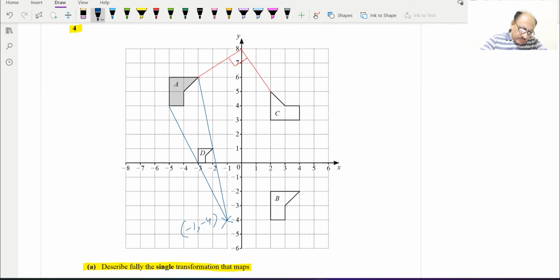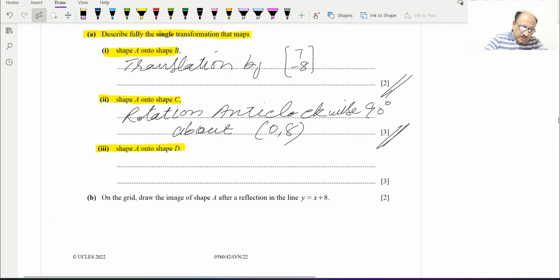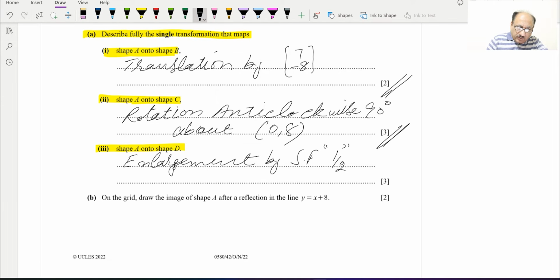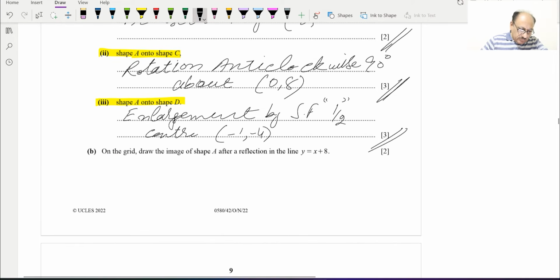If we check, this is 2 units and this one is 1 unit, so the scale factor is 1/2. So we can write it is an enlargement by scale factor 1/2, and the center of enlargement will be -1 and -4, which we have indicated, and this was 3 marks.